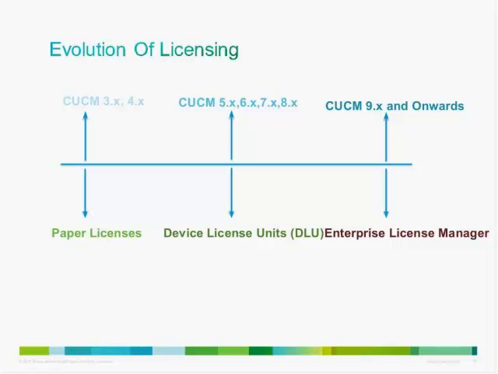What we have on screen is a timeline and the way we have evolved as per our licensing model. So CUCM 3.x, 4.x, we used to have paper licenses. We used to have just phones, and you had to buy a software paper license and that's it. With the introduction of CUCM 5.x, 6.x, we introduced the concept of device license units, DLUs.